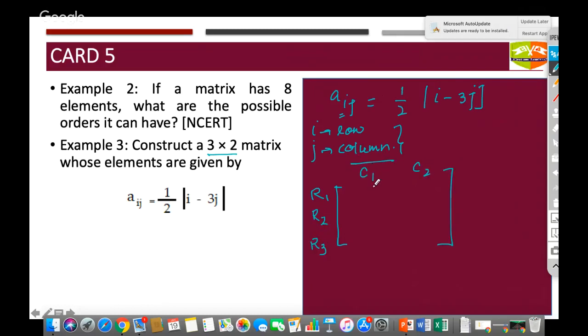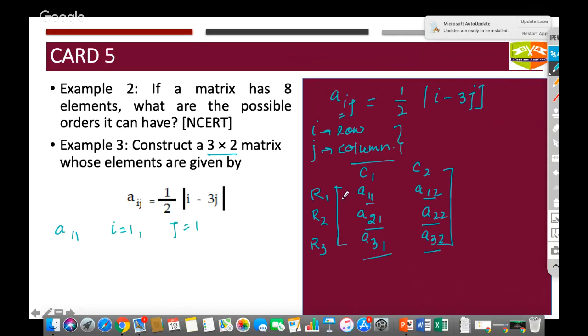So what I'll do over here is I'll write A11, this will be A12, this will be A21, this will be A22, and this will be A31, this will be A32. Now the value of I and j, when you write the matrix like this, is automatically available to you. Like in A11, I is equal to 1 and j is equal to 1.